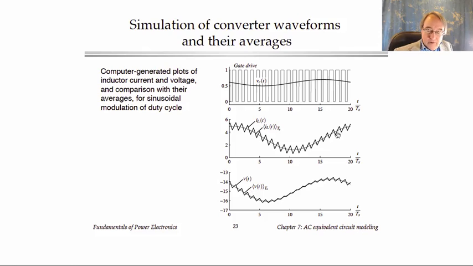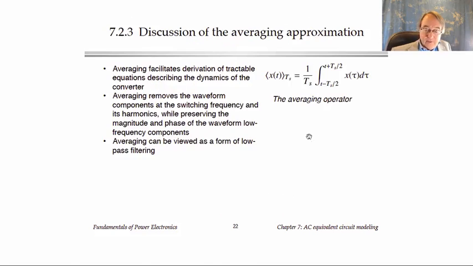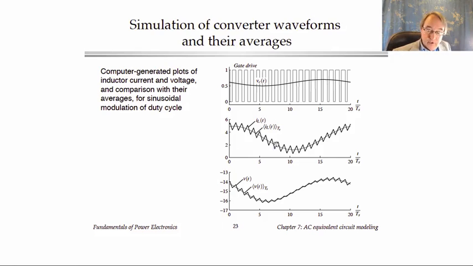The dark waveforms that have ripple in them are the actual simulated current and voltage, including the ripple. And then the underlying thinner smooth curves are what is calculated by the computer applying this definition of averaging. So what I've done for real actually here is to take the waveforms with ripple, apply the averaging operator to them with a computer simulation, and plot the result.